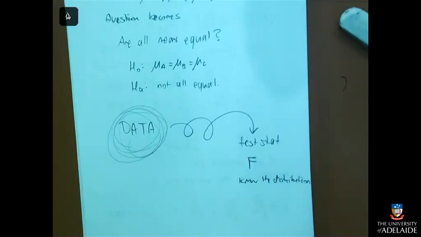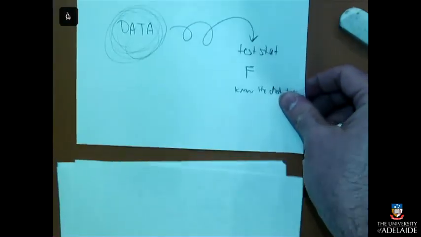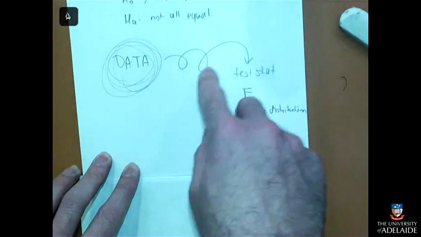Now, there are other ways of doing this, but the ANOVA is the most powerful one that we have, and it's been pretty popular, and so people know about it, and so you need to know about it too. That's my goal.